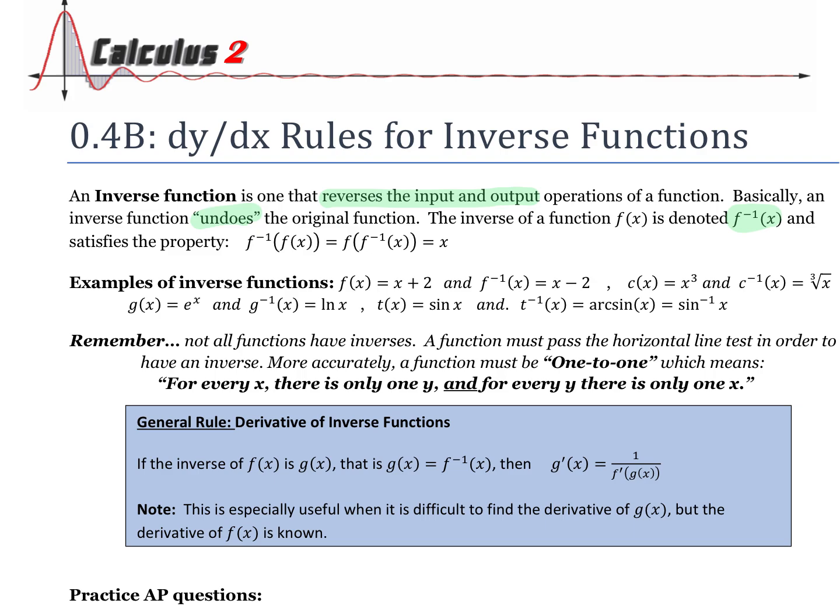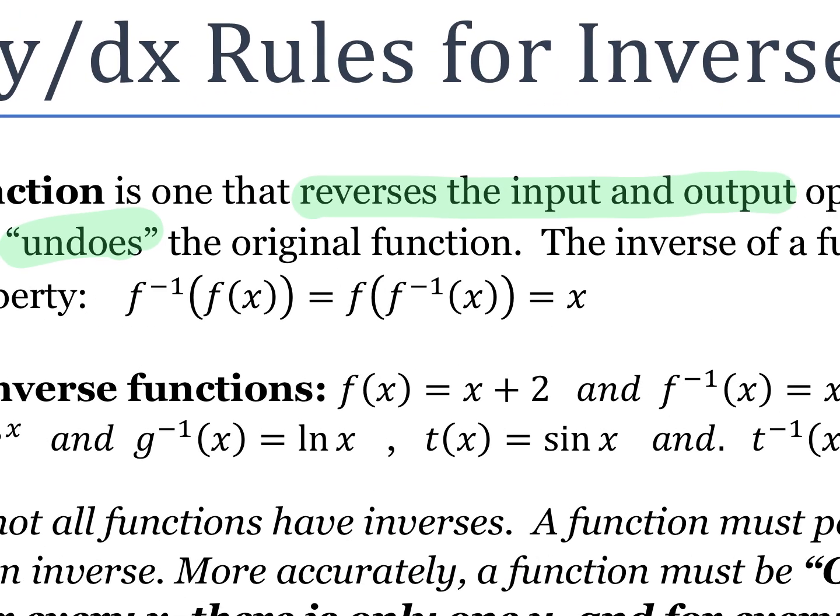And a function has an inverse if it satisfies this for all domain values: when you take the original function and put it inside the inverse, you compose it, that is going to equal x. And when you compose the inverse, when you put the inverse inside of the original function, you also get x.